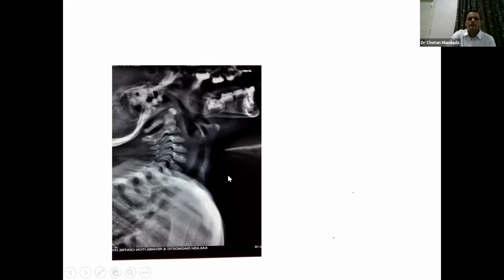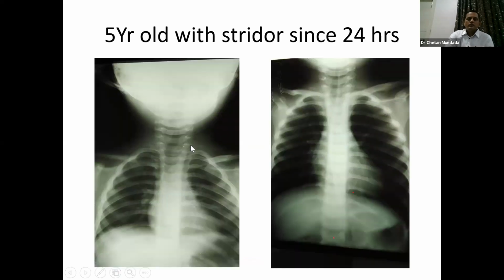So again, if we go back and look here, this is something which is there, but because of the head coming in the way, and here it is a little more prominent, a little more visible, it can be easily missed. That was the reason the child stayed overnight in an ENT hospital and then next morning came to a pediatric hospital.